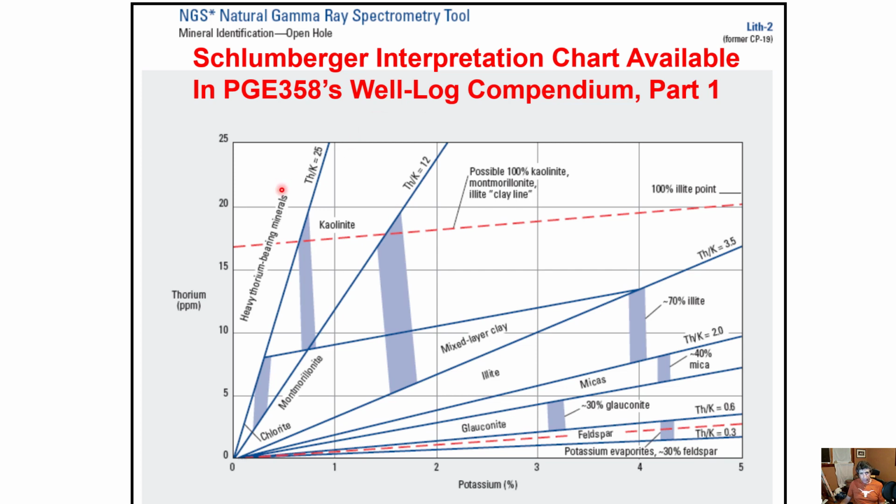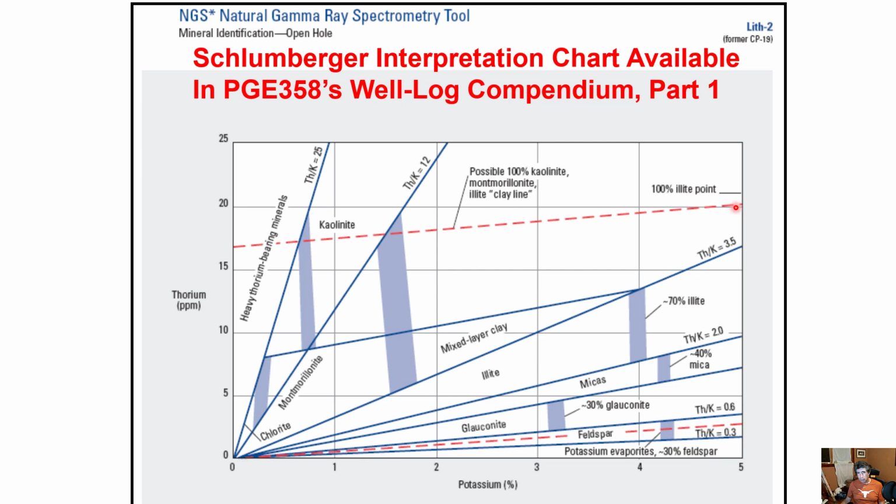Similarly, if you go here in the high thorium and low potassium values, that means your grains have an abnormally high concentration of thorium and are no longer in clay land. So typically this is not like a boundary between the US and Mexico, where you know exactly where you are if you are close to the boundary.